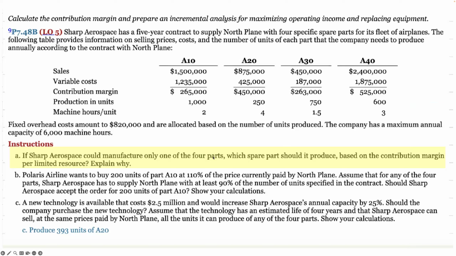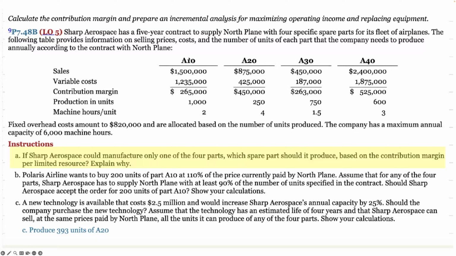Okay, so let's do this together. This company has a 5-year contract to supply this company, North Plain, with 4 specific spare parts for its fleet of airplanes.